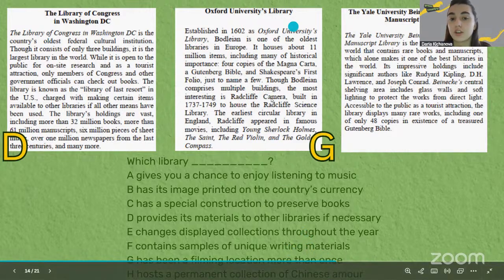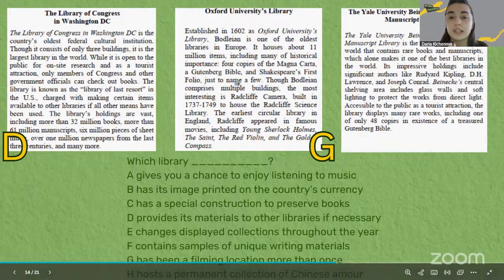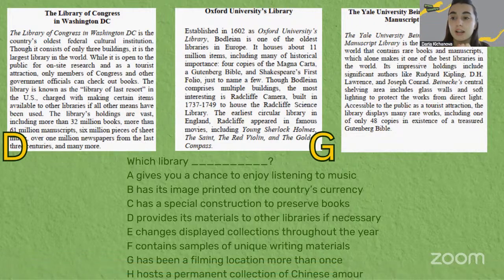So please check not only the detail, check the details of this text, please, and pay more attention to it. Okay, let's move on to number 3, and we are going to talk about the Library of Yale University.